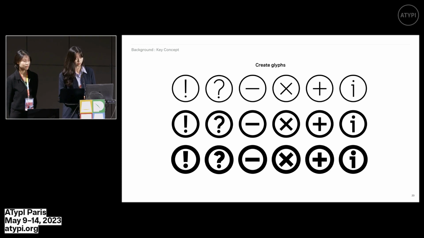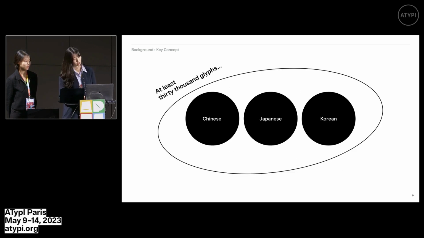Moreover, they add new symbols for UI/UX design. However, we've never seen any case of changing all the characters, especially CJK. It's because if you try to modify CJK, you have to adjust over 30,000 glyphs.